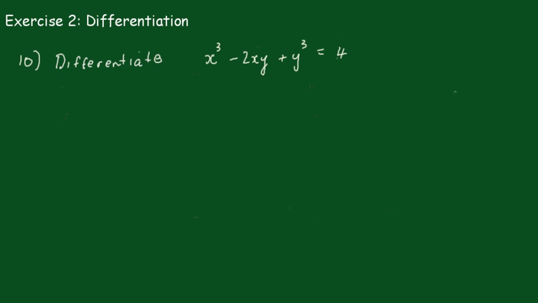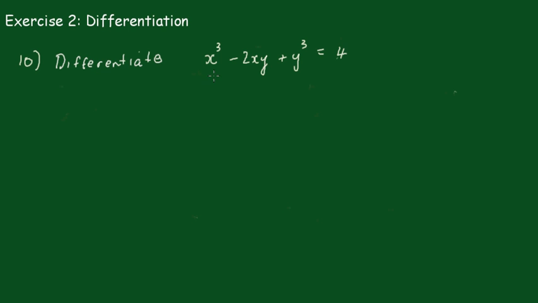Okay, the last one. We have to differentiate x cubed minus 2xy plus y cubed equals 4. Now this is a case of implicit differentiation. If it's not in your course, we'll skip this one, but it is in more advanced levels.